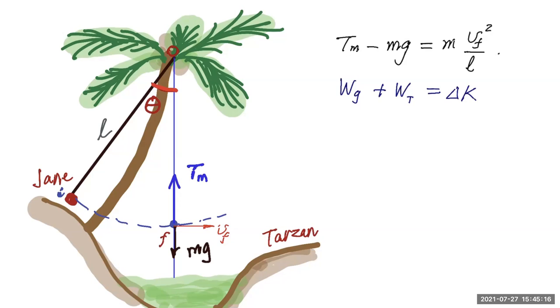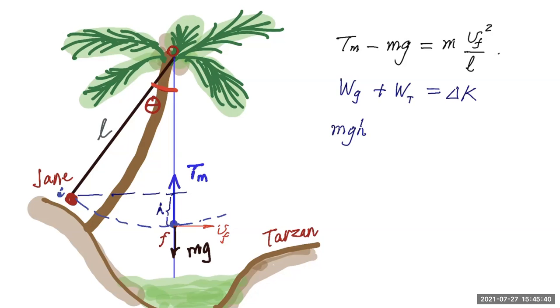Now, how much is the work done by gravity? Well, that can be obtained as long as you know how far she dropped vertically, and so that's h. Okay, that's h, and I know what that is. So I can write this as mgh. Right? What is the work done by the tension? Well, here's the thing. The tension varies. We don't know what the magnitude is.